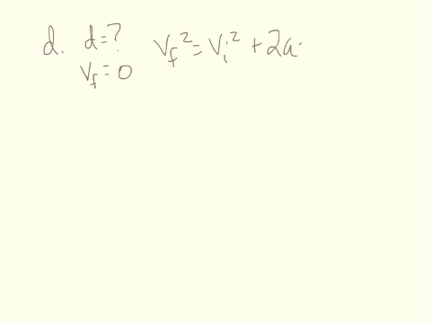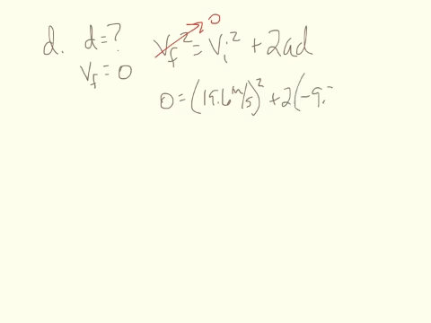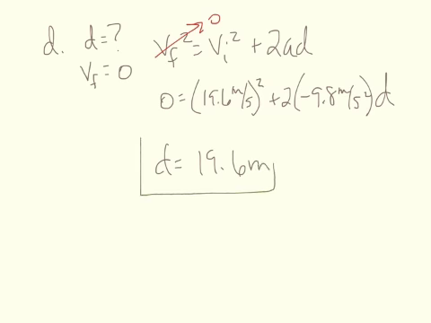So this is the only equation that fits the given information. In this case, the final velocity is 0, so this term goes away. Plug in everything that you know, and then you will see that the ball went a distance of 19.6 meters high. Box your answer.